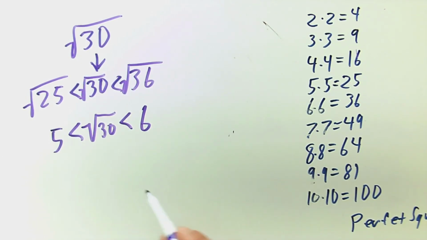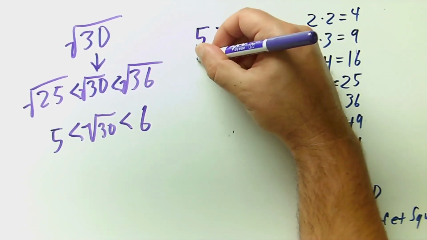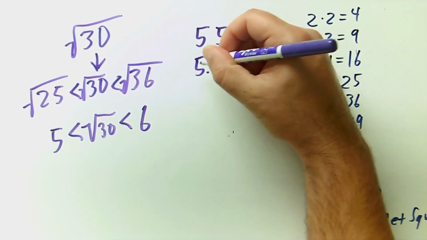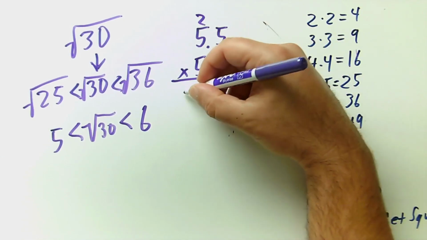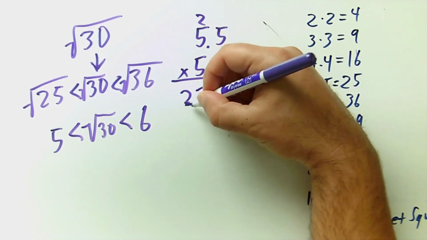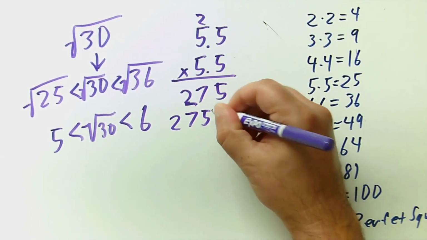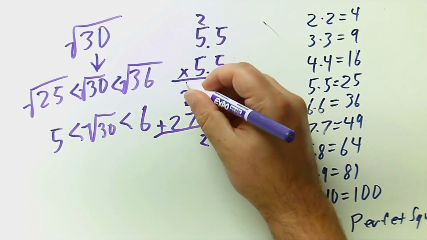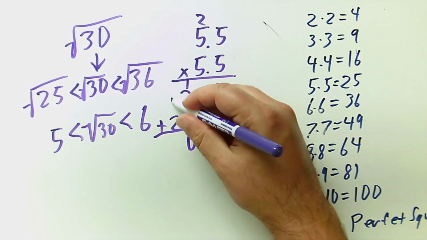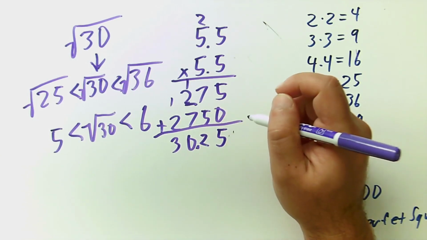So we're going to do the same thing we just did. 5.5 times 5.5. Add those together, and that's 30.25.